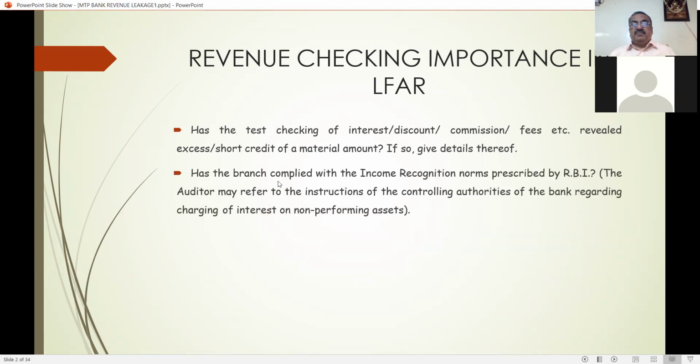Next is, has the branch complied with IRAC norms? Yes, yesterday we discussed IRAC norms. So if you find any NPA, you have to say that the branch has not complied, or we can say that the branch has complied with IRAC norms except for the list of NPAs that you can give.